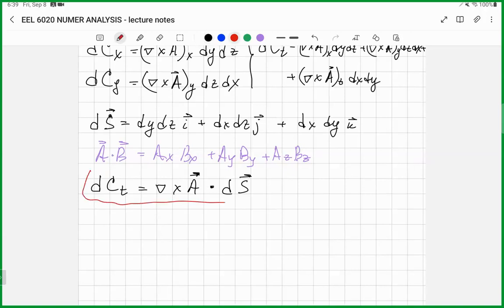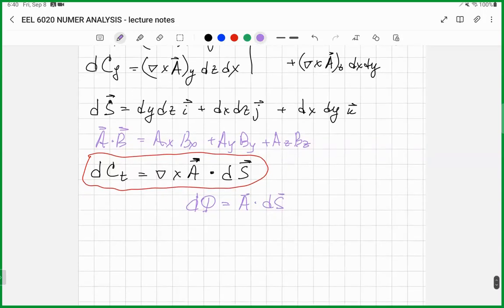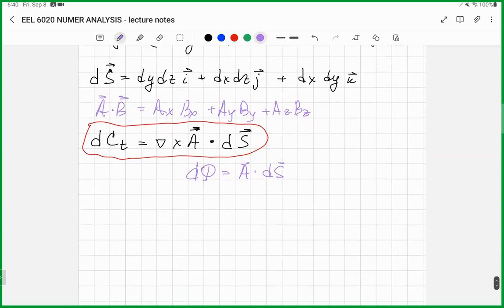Okay, so this is already interesting, and I recall the formula for the element of the flux, which is the field times the element of the surface. So this is the same, but as a field we consider the curl of the field.